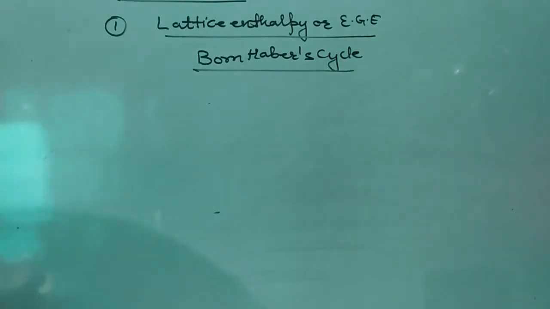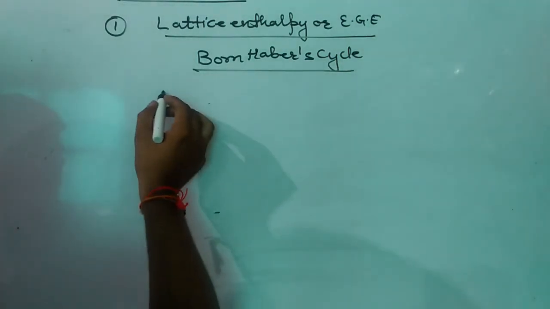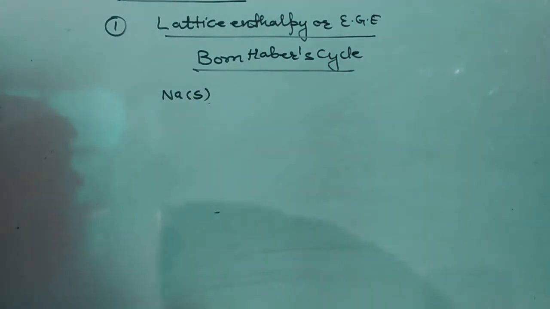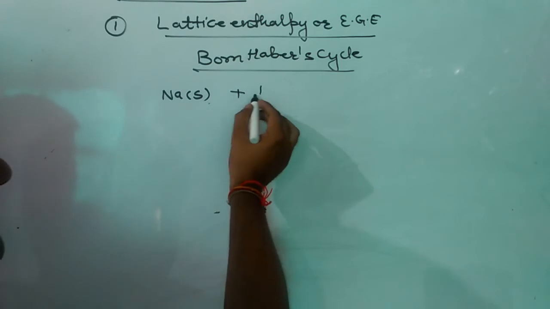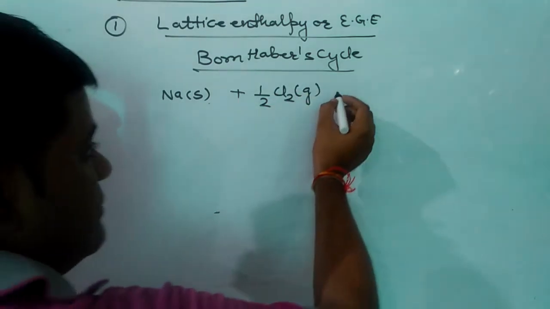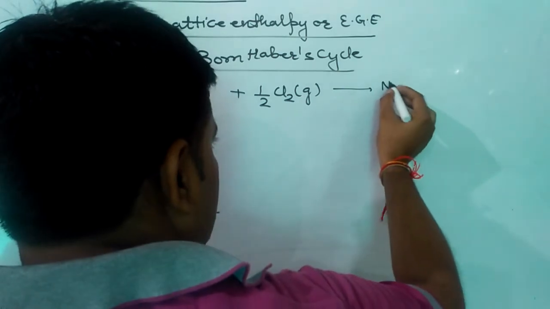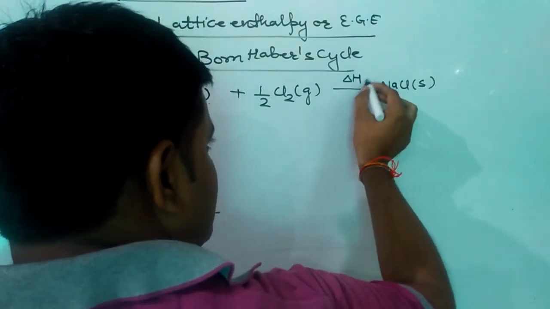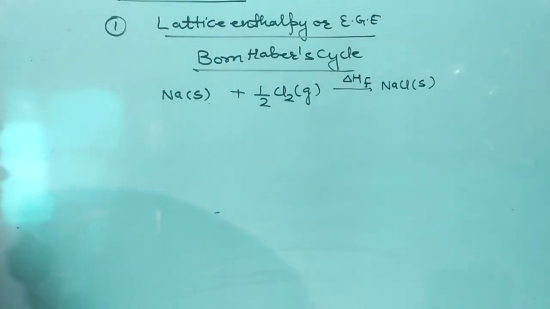Born-Haber cycle. I am drawing it for NaCl. For NaCl, sodium will be a solid, chlorine will be in gaseous state, half mole of this, and they will combine together to give NaCl solid, 1 mole. So here the enthalpy change will be enthalpy of formation.